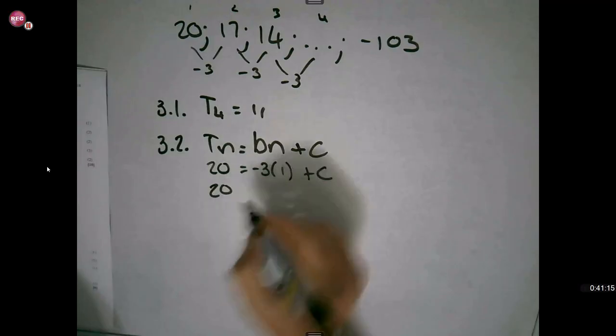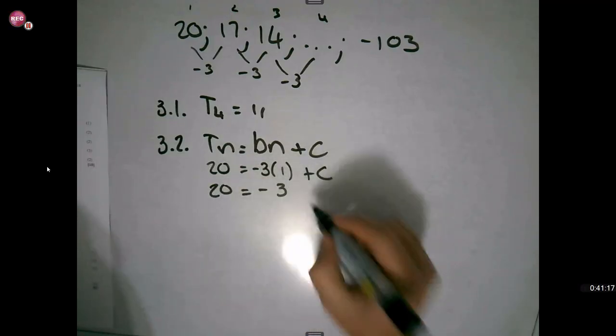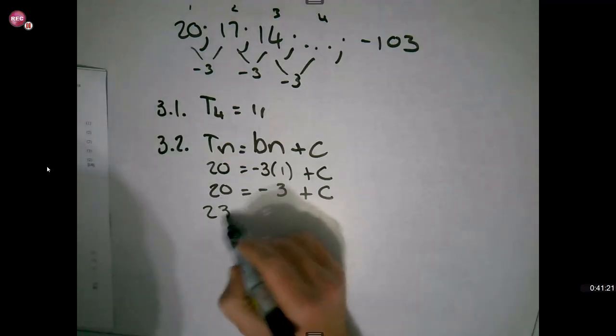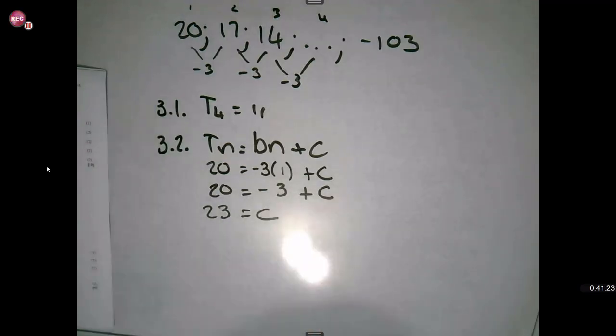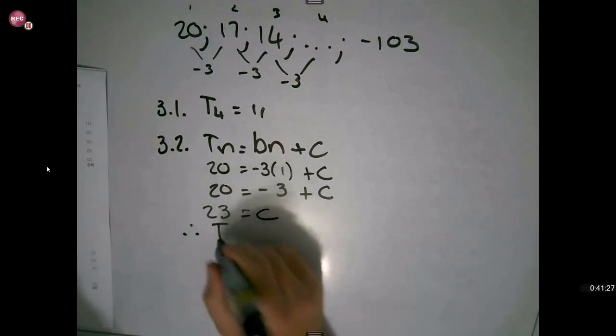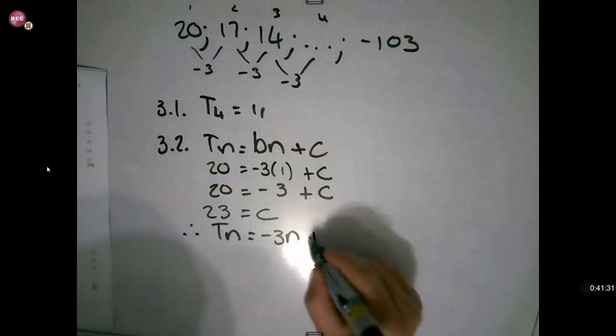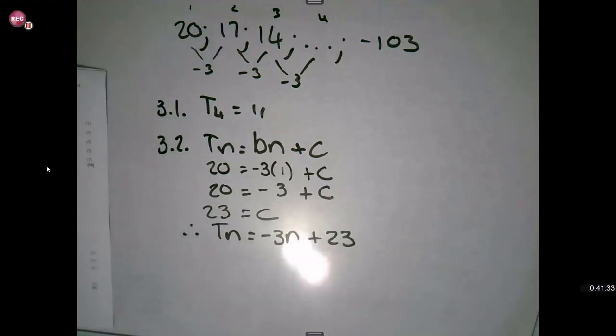I then have 20 equals negative 3 plus c, which becomes 23 in this case, so your constant is 23. Therefore, when I put my rule together, I should get negative 3n plus 23. And that is your general rule for this number pattern given to you over there.